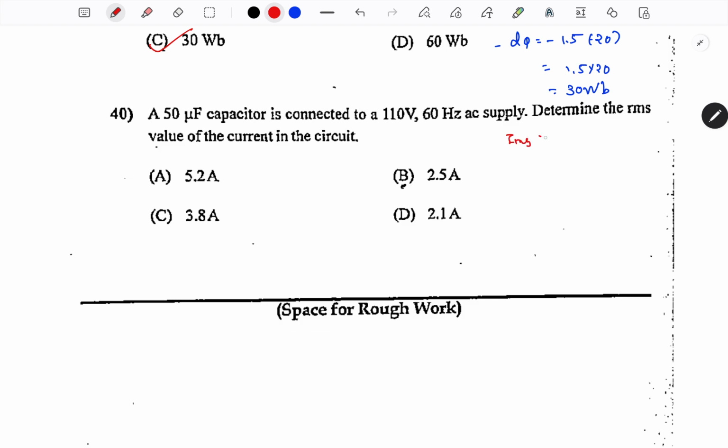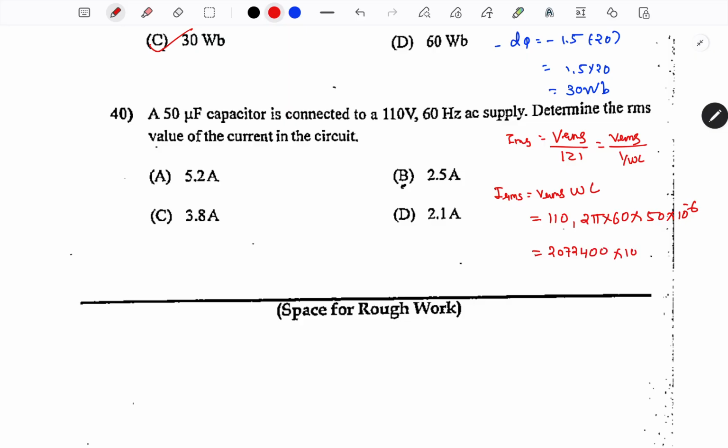So we know that IRMS is equal to VRMS divided by mod of Z, and here mod of Z is only capacitance, so it is VRMS divided by 1 upon omega C. So IRMS is equal to VRMS into omega C. VRMS is 110, omega is equal to 2 pi F, F is 60, and the capacitor is 50 into 10 to the power minus 6. Multiplying this, the answer is 2.07 ampere.